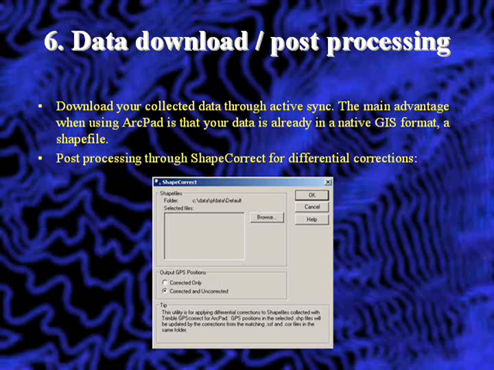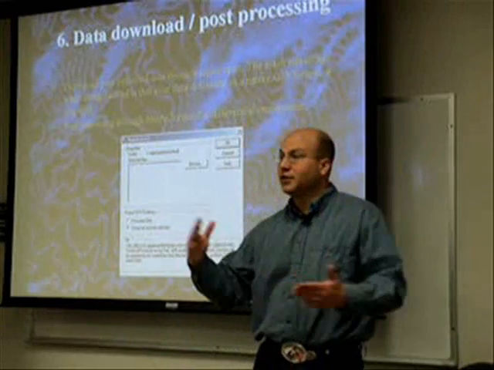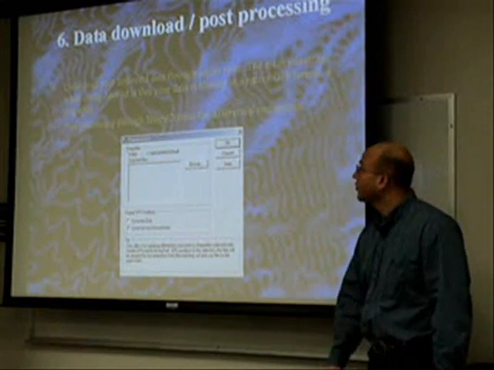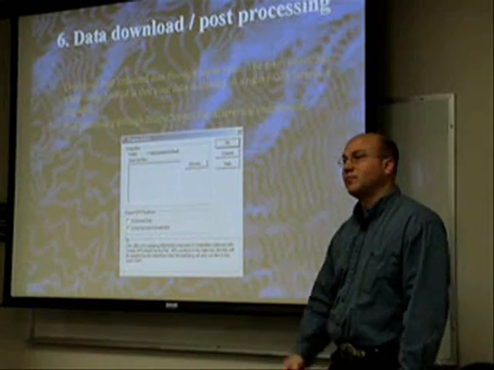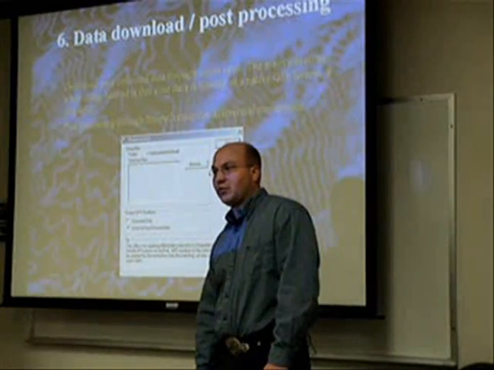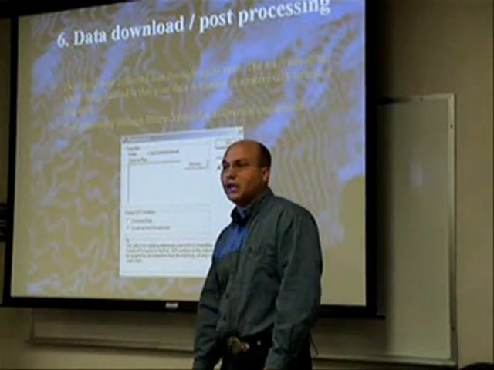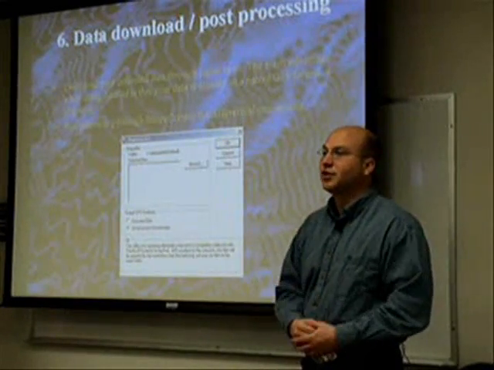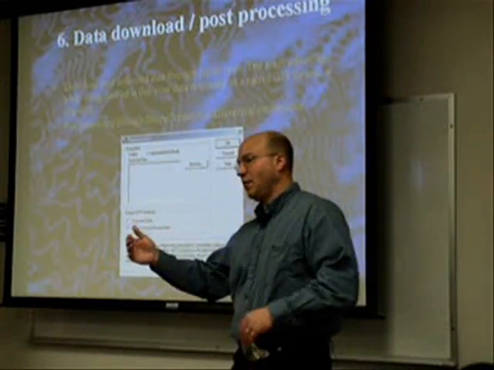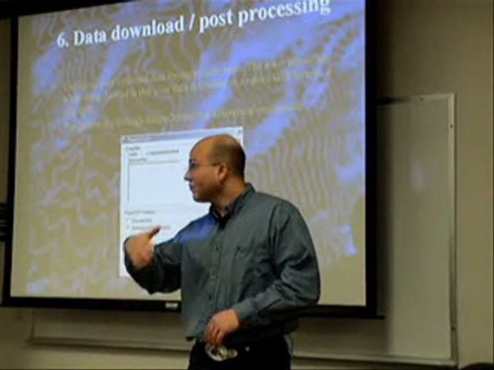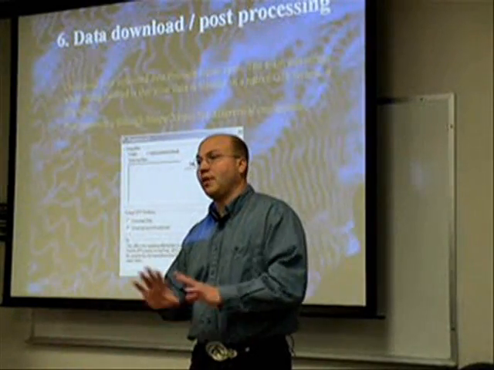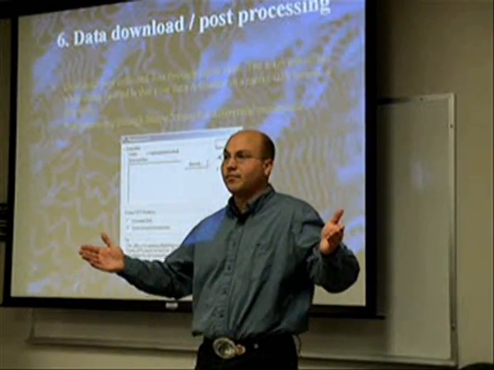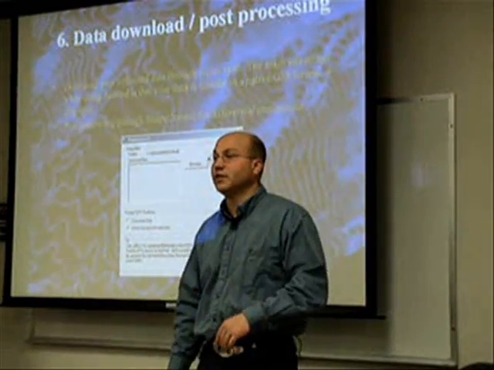It's basically in the DBF table of your shape, all the values that you collected out in the field. All you have to do is use ActiveSync, connect it to a USB port on your computer, and download the data. And it's a shapefile. So there's no other post-processing, as in importing a text file and making that into a shapefile. None of that is required because you already downloaded a shapefile, because you collected a shapefile in the field.